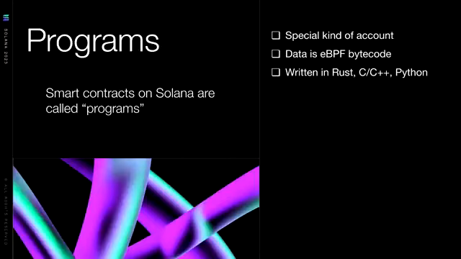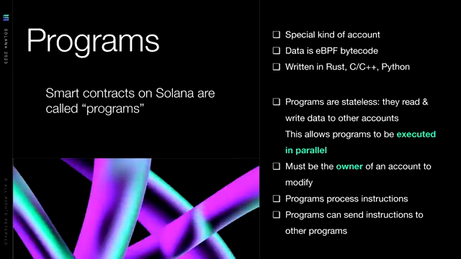You can also write programs in C and C++, and there's a couple of helper libraries out there for writing programs in Python, and then soon other common programming languages. But for things like Python and JavaScript, any programs that are written in those typically just get transpiled down into their Rust code equivalents.